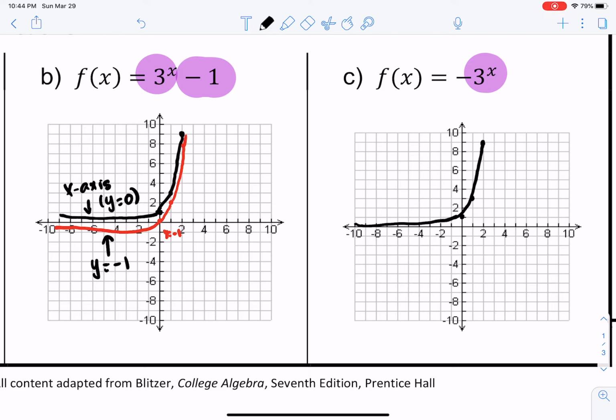So that is the original function, y equals 3 raised x. And the base function would simply flip because we're multiplying it by a negative. So it has to go through -1, -3, and -9.